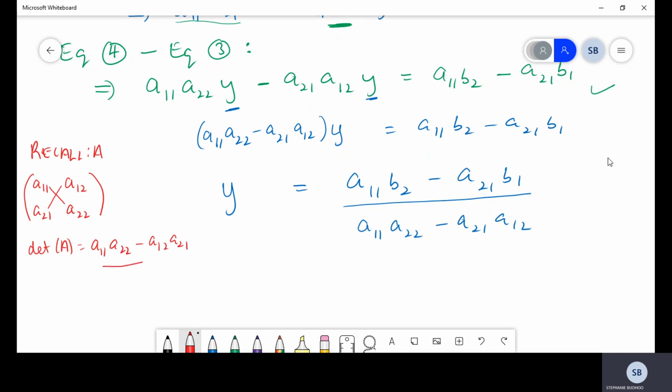Now, if you observe this, you'll notice that it's kind of in the same format as the numerator and the denominator down here. So it seems like the numerator and denominator may actually be determinant values.